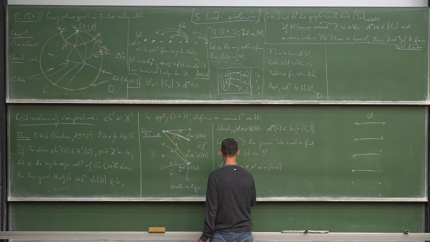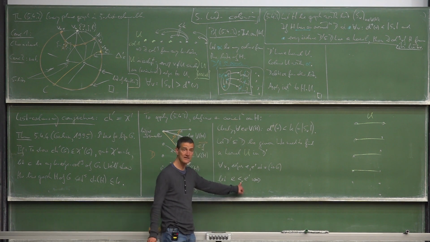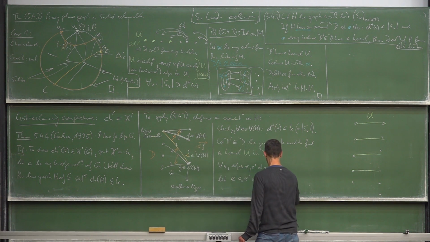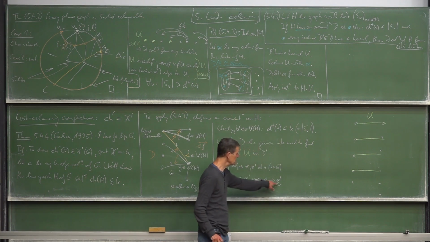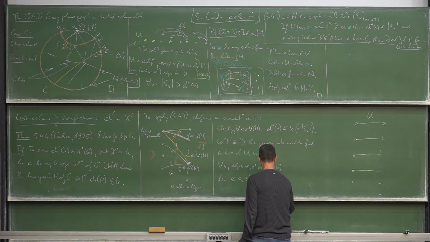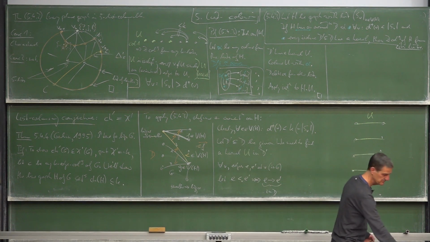So let E be less than E prime in the list of preferences at V if the edge between E and E prime is oriented from E to E prime in D.